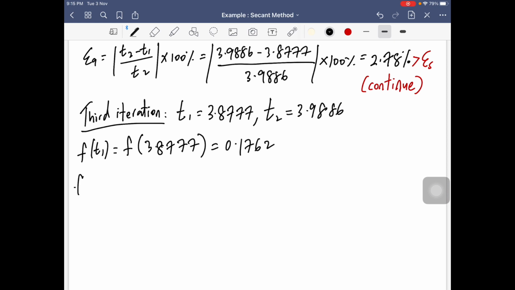Okay, so for FT2, substitute into your function.